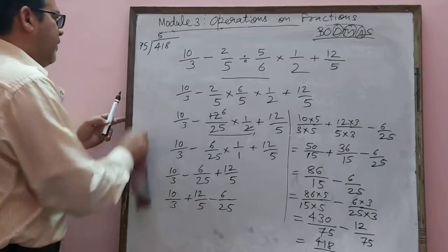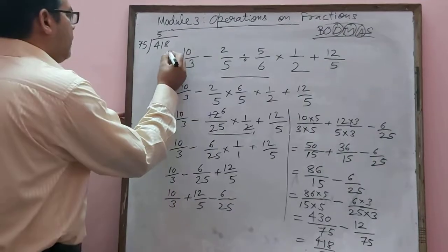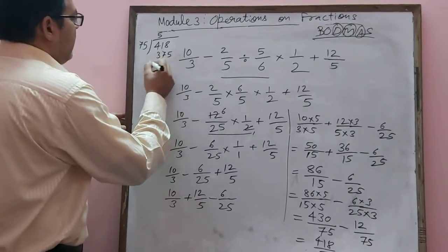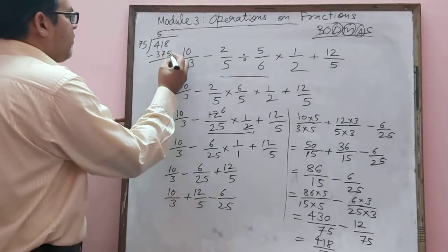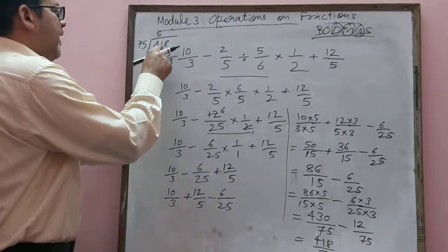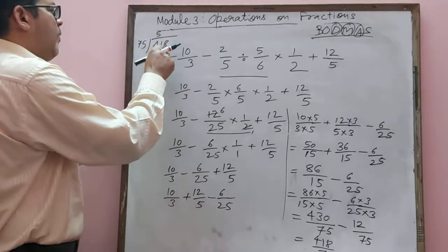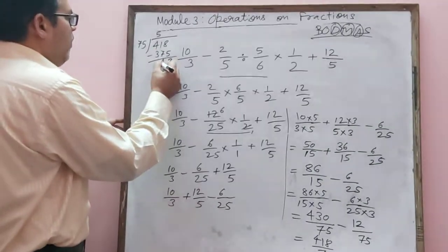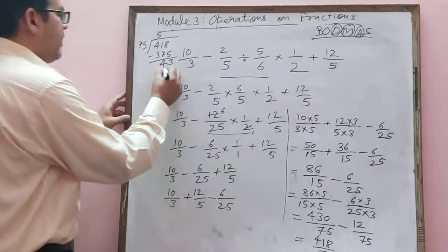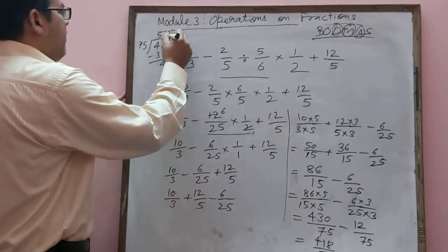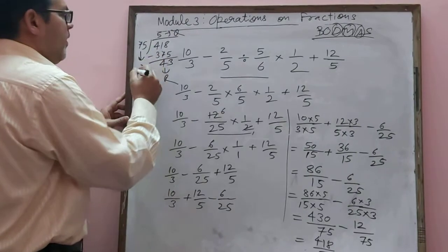75 5s are 375. Now subtract it. 8 minus 5, 3. Here is 11 now after taking borrow. 11 minus 7, 4. Here will be 0 and 0. So 43 is remainder, 5 is quotient and this is divisor. So what we can write?